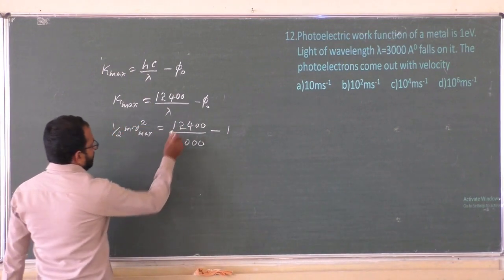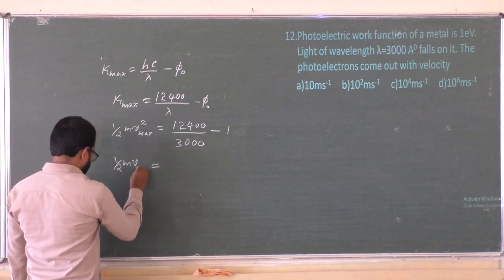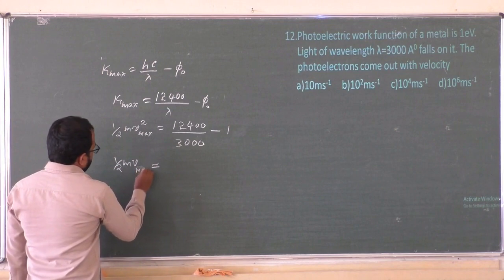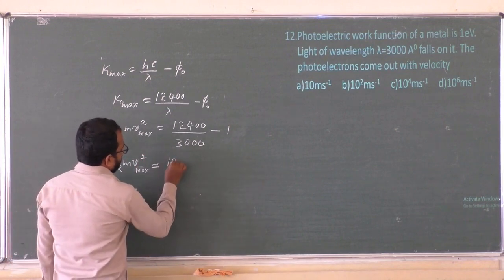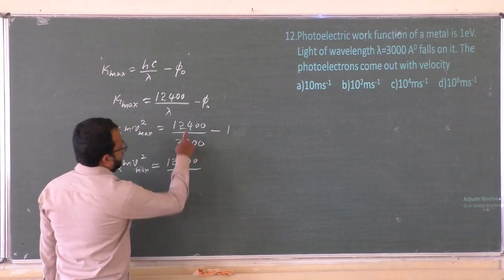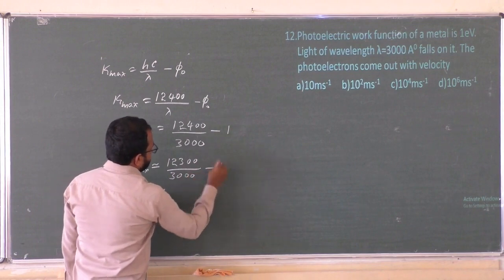So therefore, this is nearly equal to half m V maximum square is equal to, so 12,300, nearly, instead of 4 write it as 3, so 12,300 divided by 3000 minus 1.